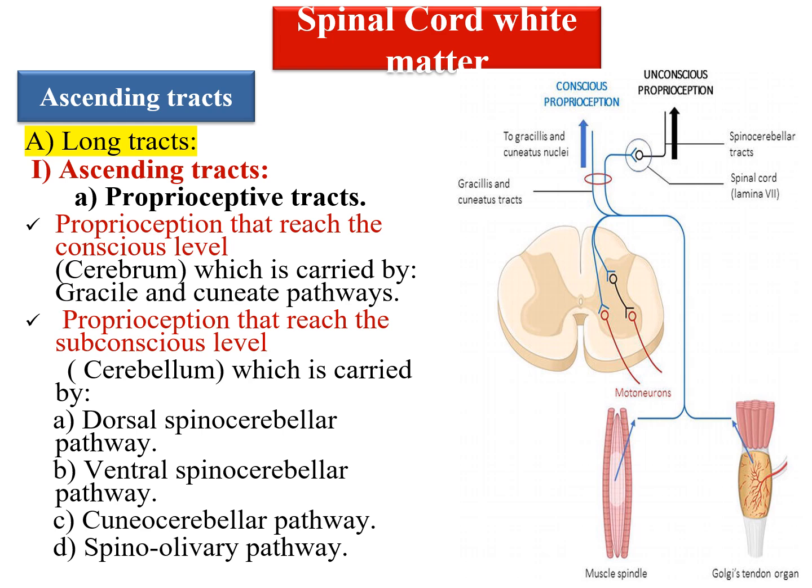However, proprioception that reaches the subconscious level or cerebellum is carried by the dorsal spinocerebellar pathway, ventral spinocerebellar pathway, cuneo-cerebellar pathway, and finally the spino-olivary pathway or tract.